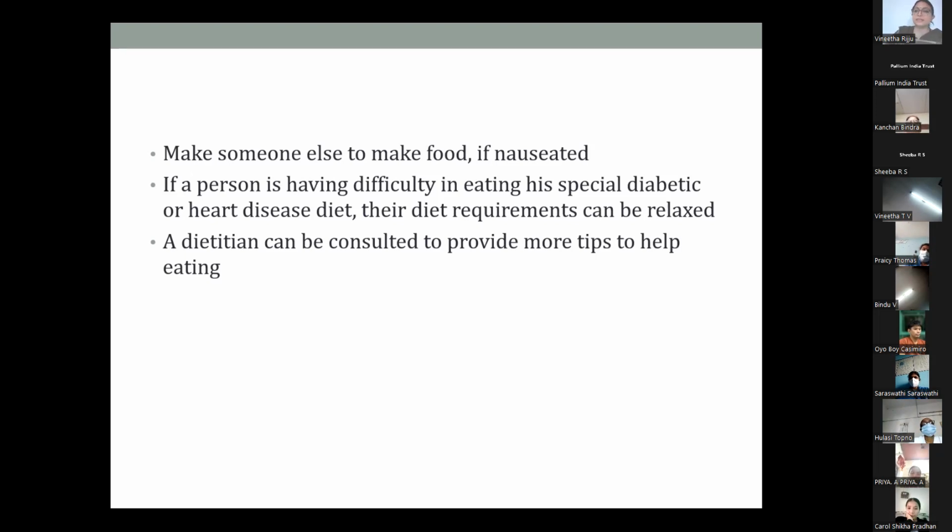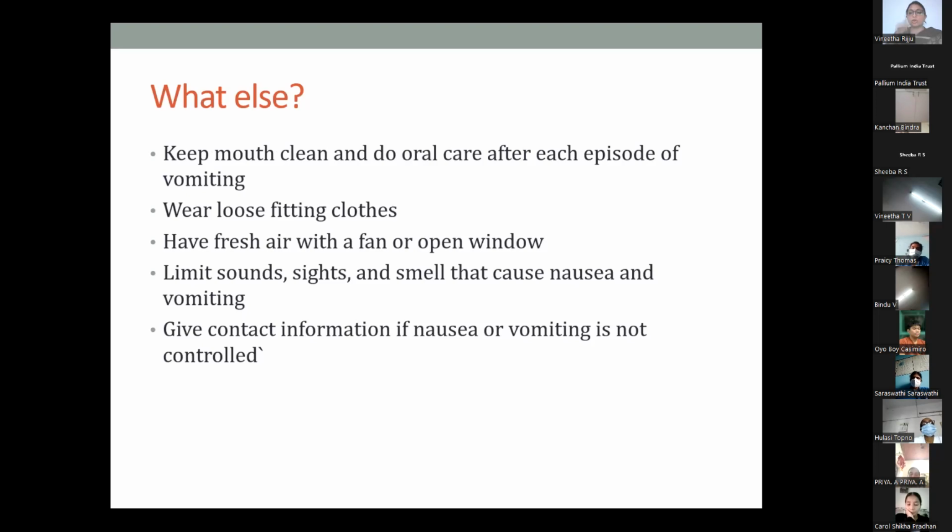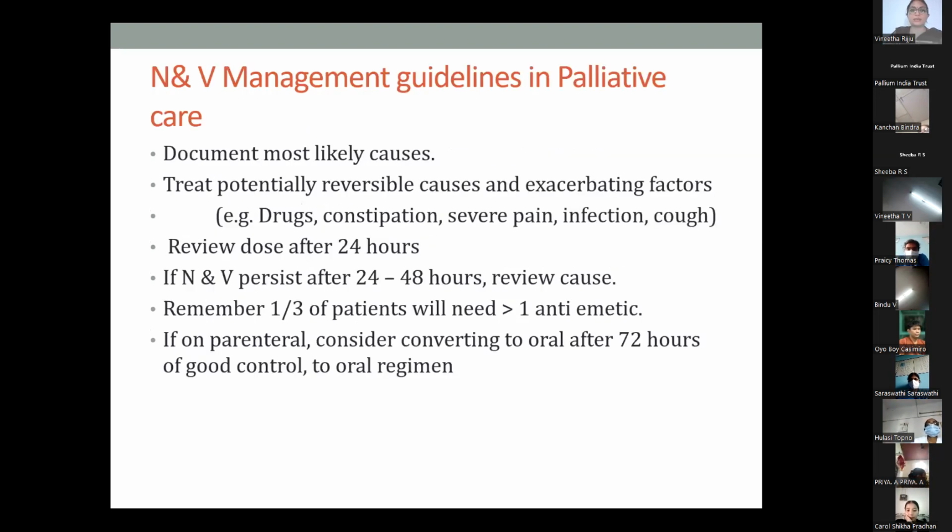Okay, and definitely take tips from the dietitian. Also, give good oral care, loose-fitting clothes, fresh air, limit sound, sight, smell, which can trigger the nausea and vomiting. Also, give contact information if the vomiting is not controlled well enough. Okay. Now, coming on to the management guidelines for nausea and vomiting.